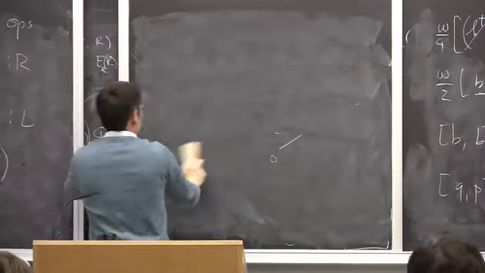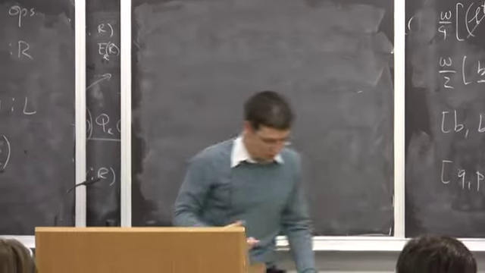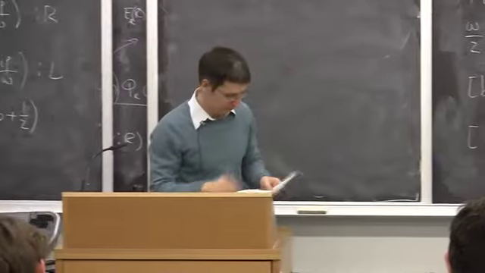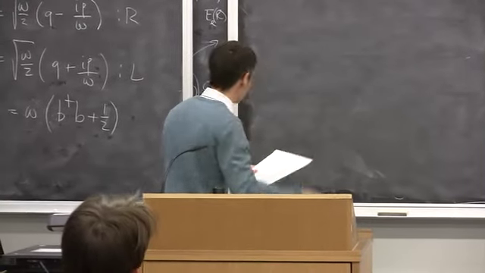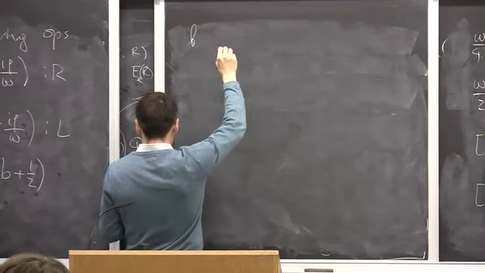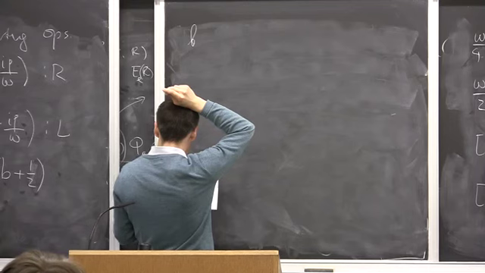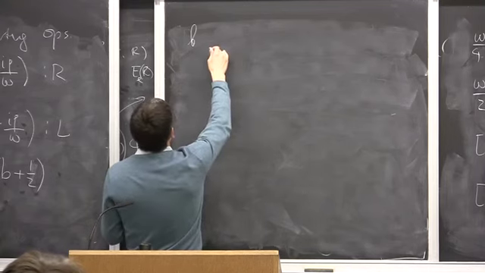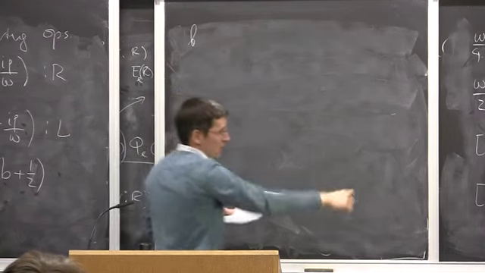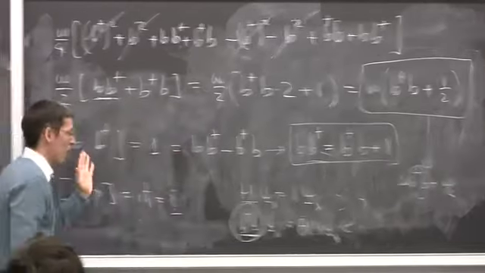Now we came to another important point, which is why do we call them raising and lowering operators? It turns out that if we take a function which is an eigenfunction of b dagger b, again, we use the power of imagination.